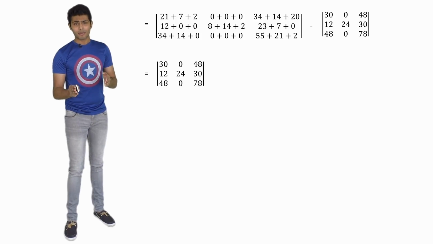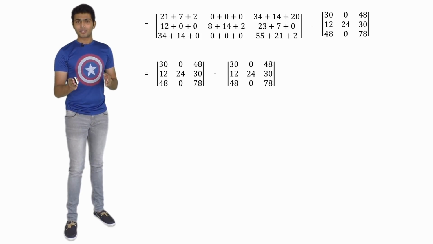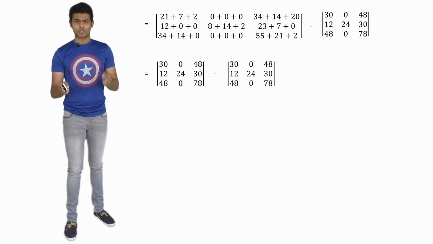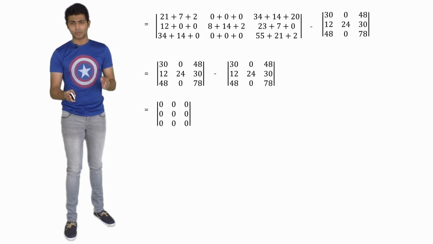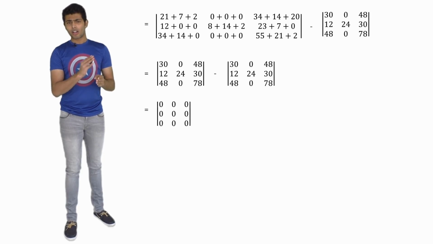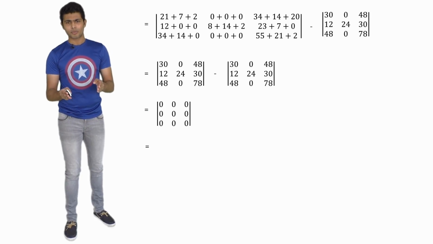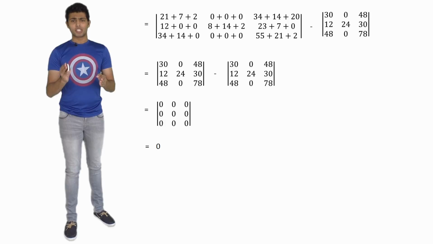As you can see, both these matrices which we're subtracting are the same. So when you subtract both of these matrices, we get a matrix which has all terms as 0. When the matrix has all the elements as 0, the whole value is basically going to be 0.